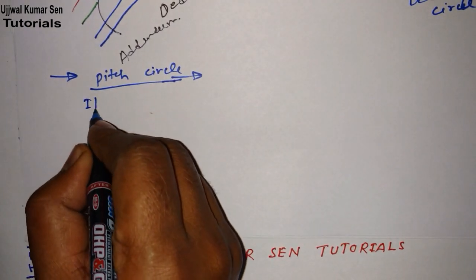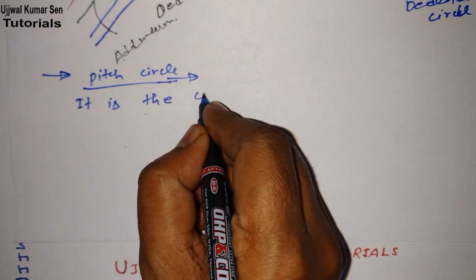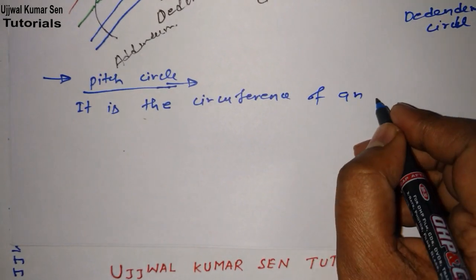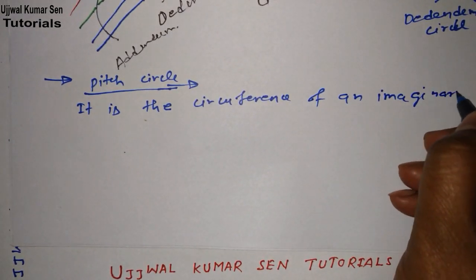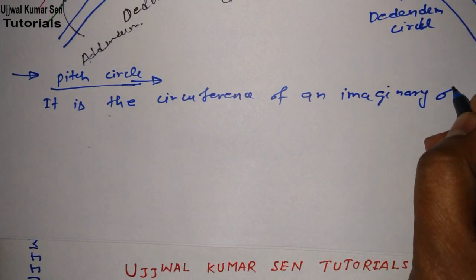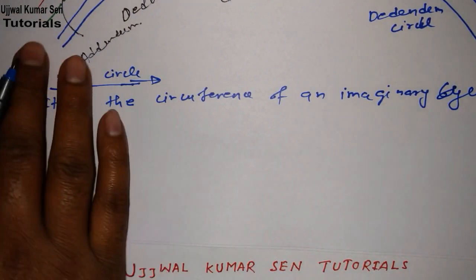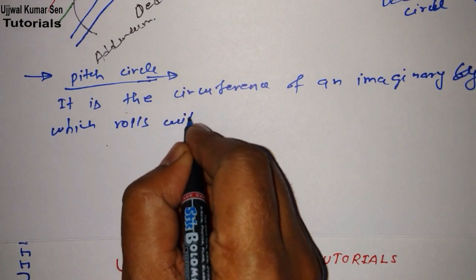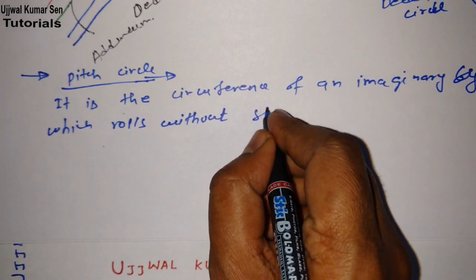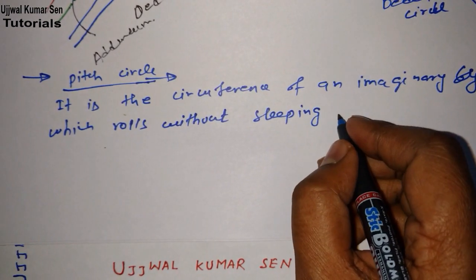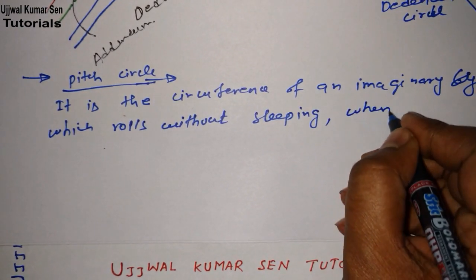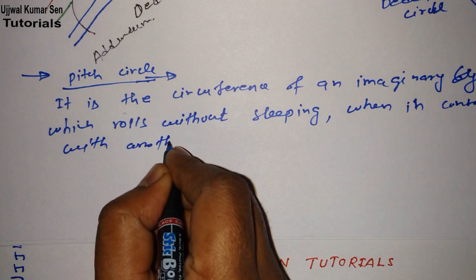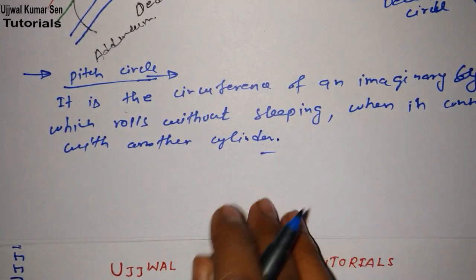If you see the definition, it is the circumference of an imaginary cylinder which rolls without slipping when in contact with another cylinder. Remember that. So this is the definition of pitch circle.